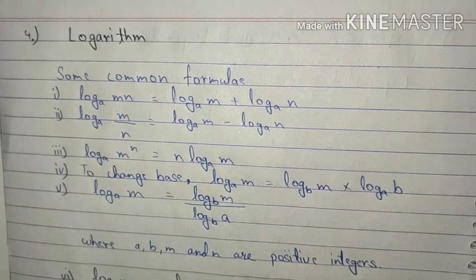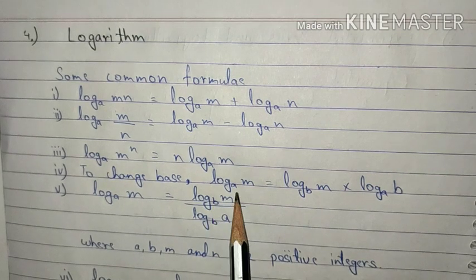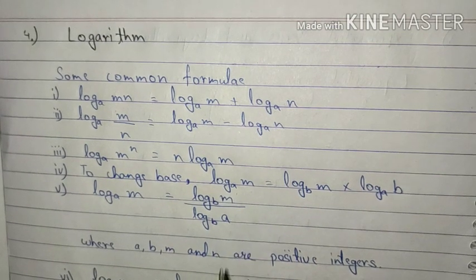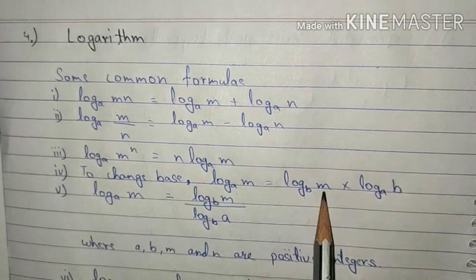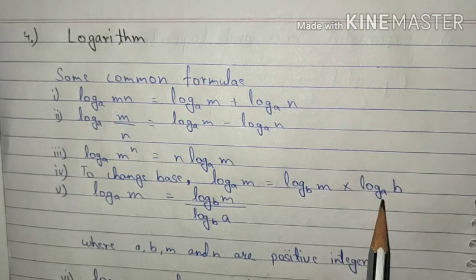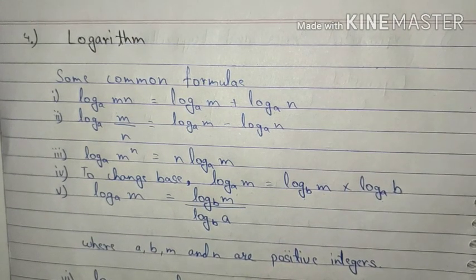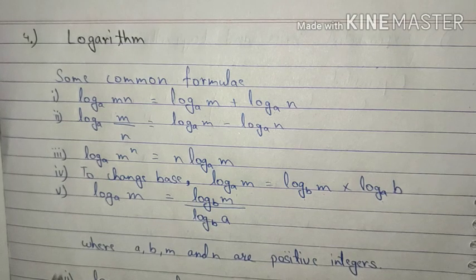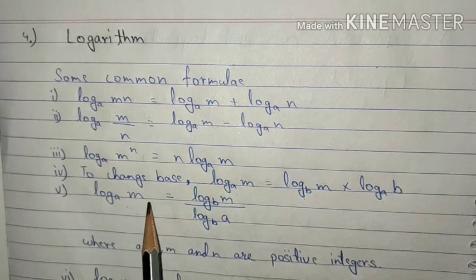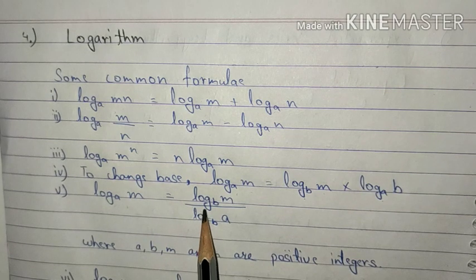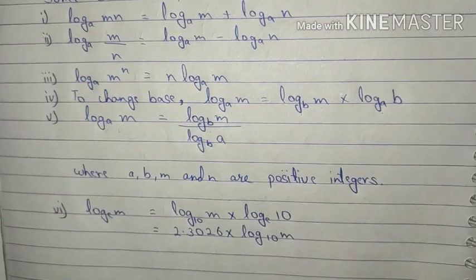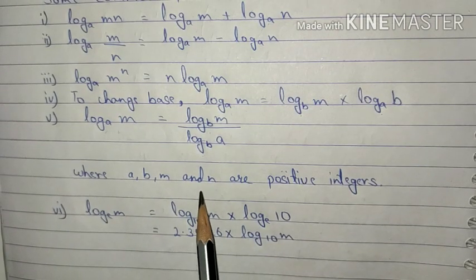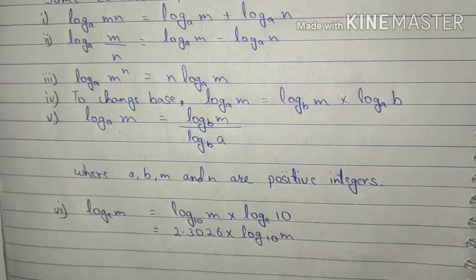Now, if we have to change the base, what we'll do? Suppose we have log to the base a of m, we can express it as log to the base b of m into log to the base a of b. Further, log to the base a of m is equal to log to the base b of m upon log to the base b of a, where a, b, m and n are positive integers.